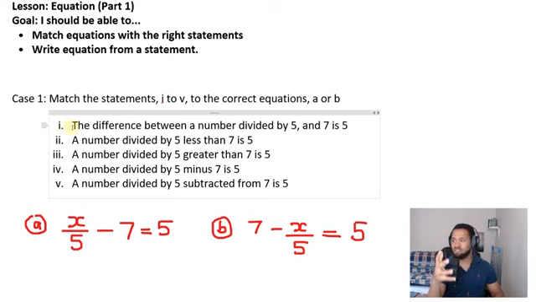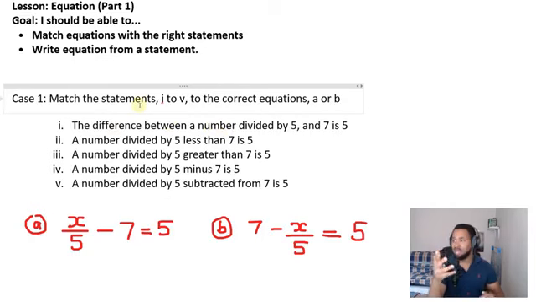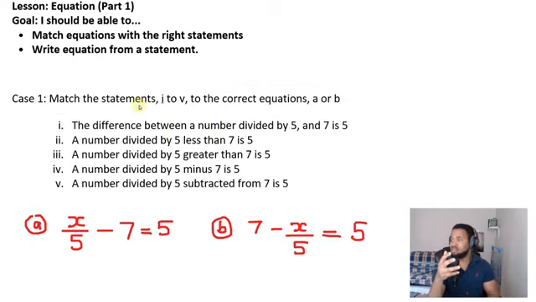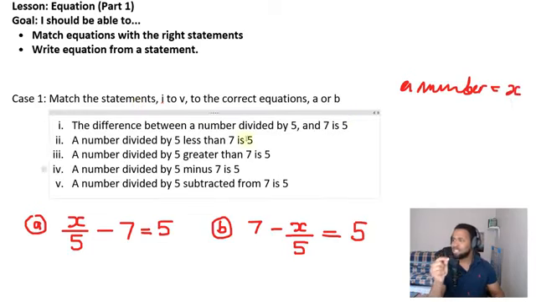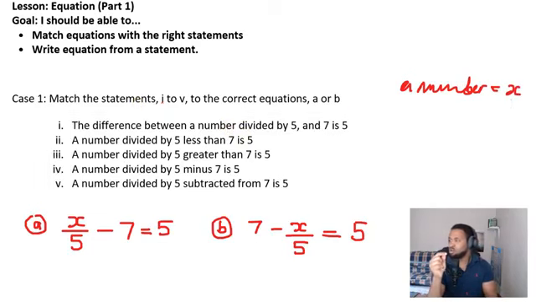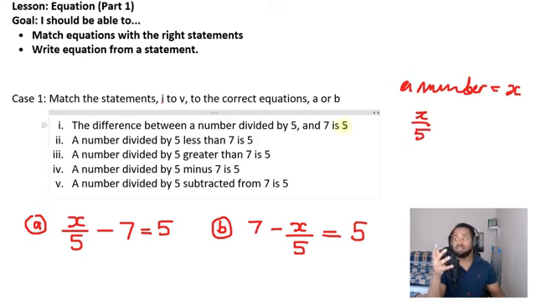It says the difference between a number, and we don't know what the number is, so we assume the number is x, divided by 5, and 7 is equal to 5.